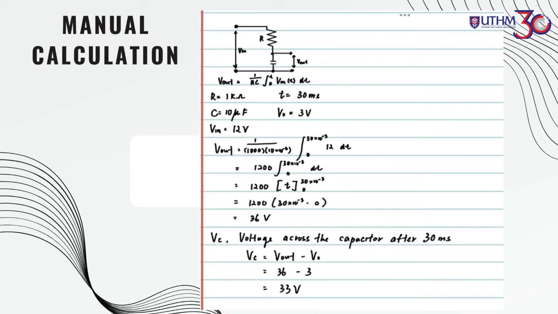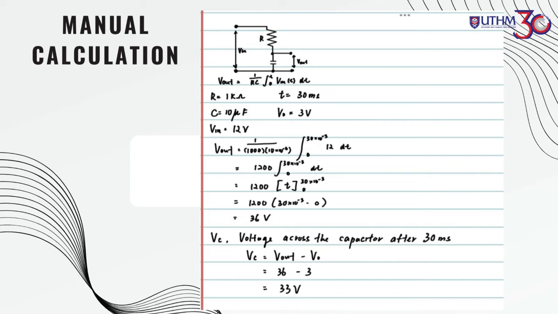First we substitute all of the values of R, C and voltage in into the formula, as well as the upper limit and the lower limit. The upper limit in this case is 30 exponent negative 3. Then we simplify the equation, integrate, and substitute the upper and lower limits, and we will get 36 volt.